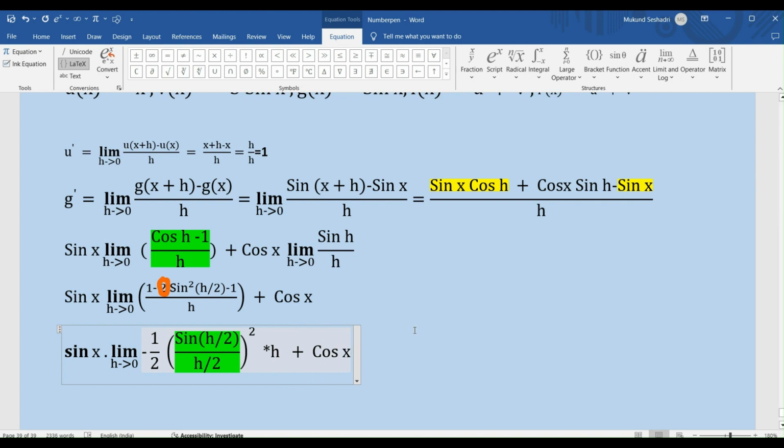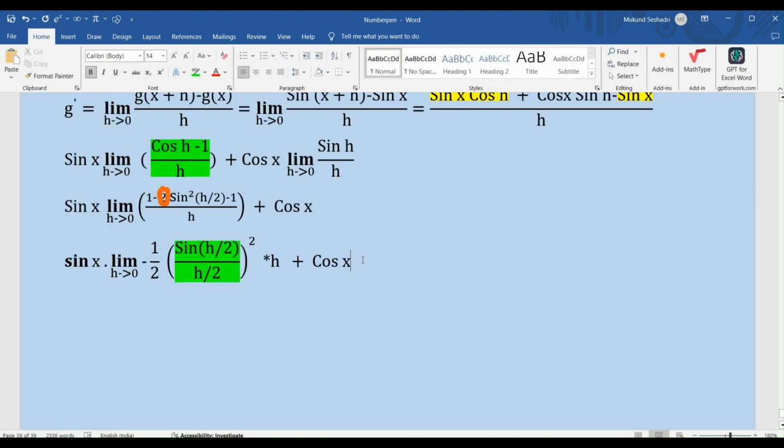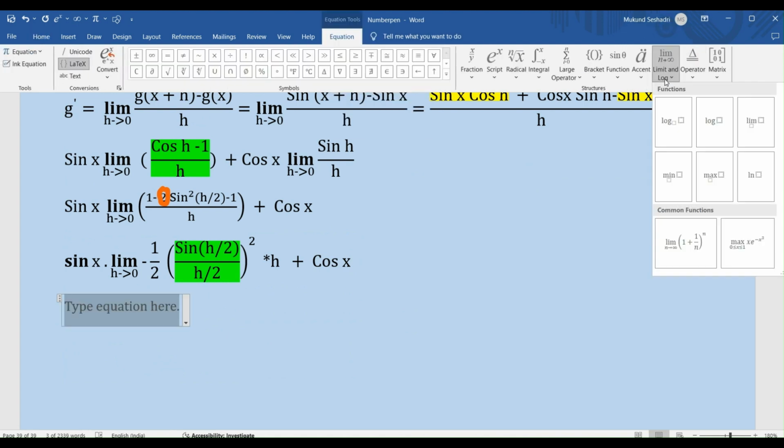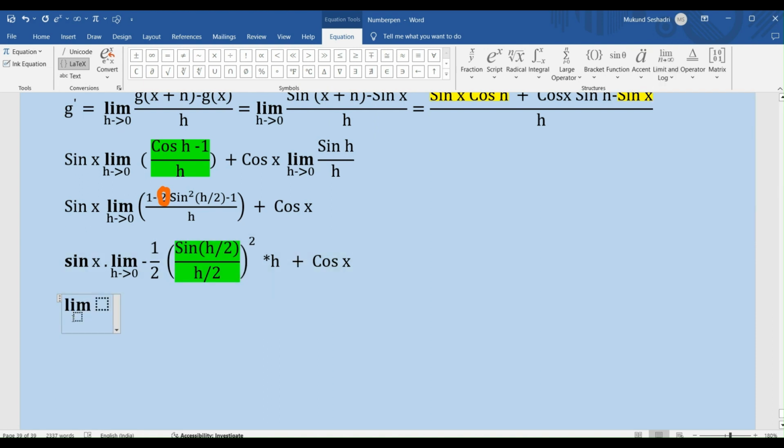Let's do that in the next step. So the limit h tending to 0 of this expression will become h into 1, into minus half, which is minus 0.5, right?